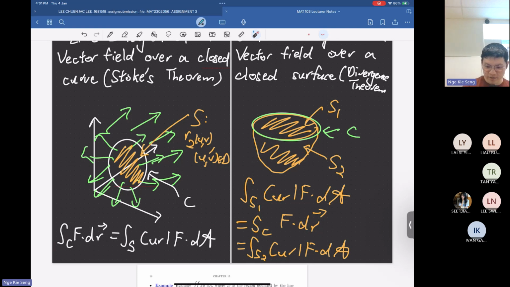What I drew here is actually not a line. Actually it's a surface. Maybe a bit irregular, but it's just something I wanted to draw.